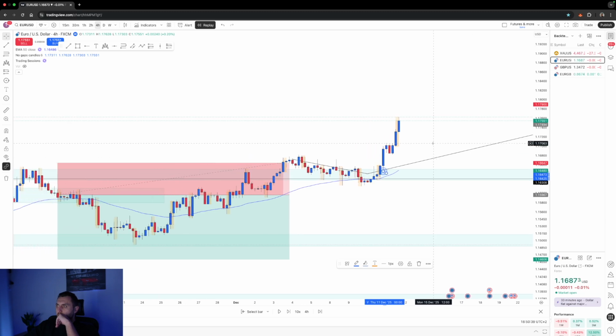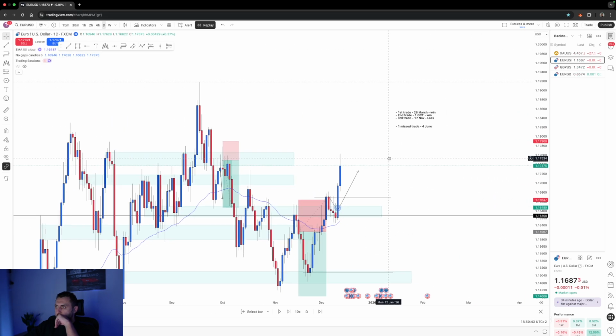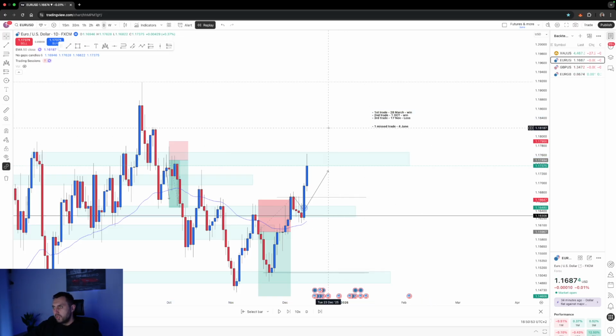So that's why I wouldn't have caught this trade. And it's okay. So this is a zone where it could reject and create that higher low and then push higher.